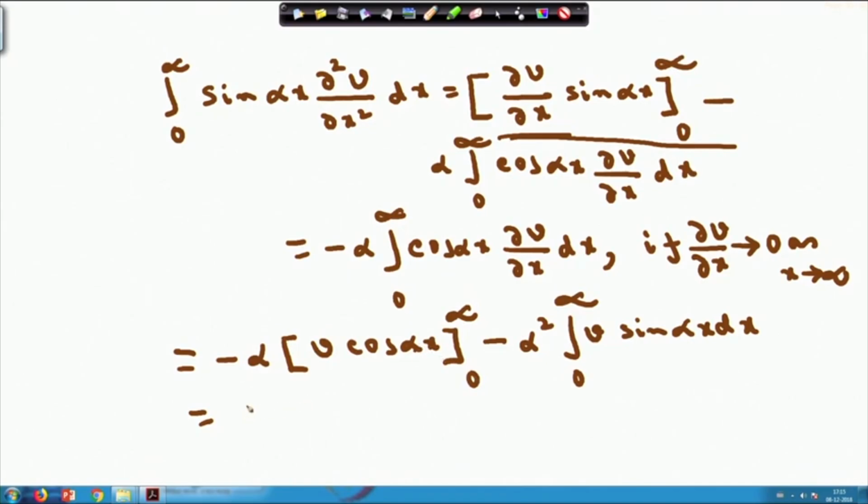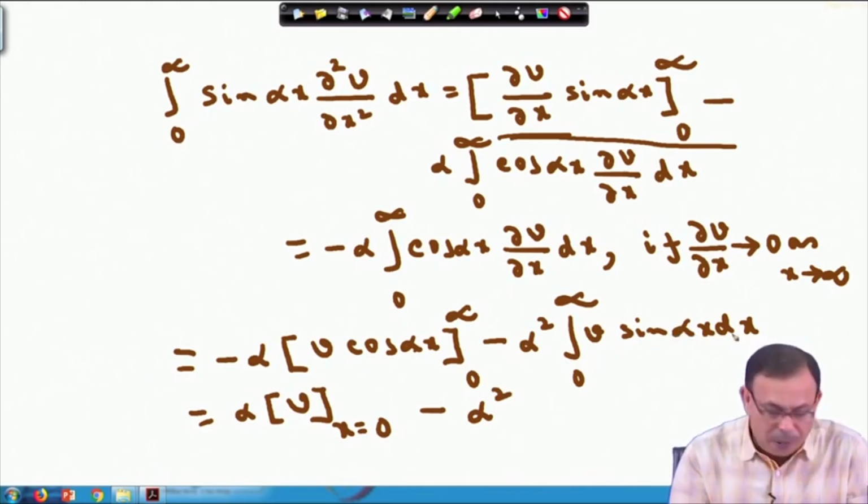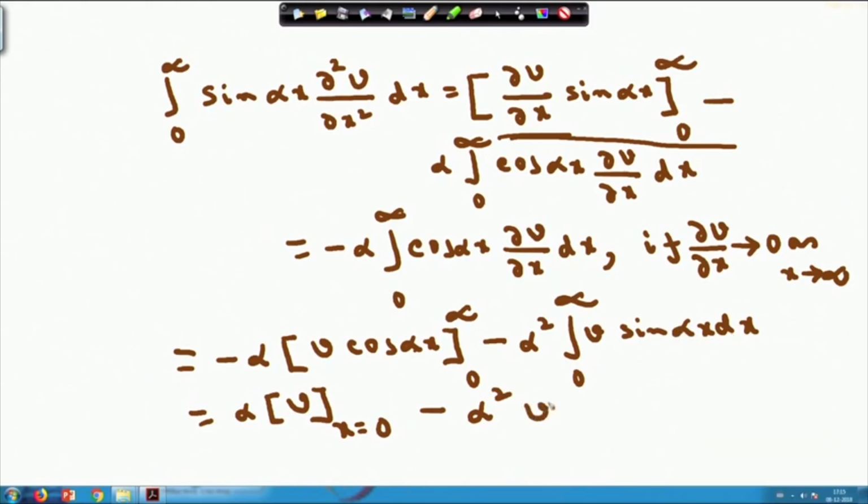So, this I can write down, this will be plus, for the lower limit, alpha into the value of v at x equals 0, minus alpha square into, this is nothing but the Laplace transform of the Fourier sine transform of v, 0 to infinity v sin alpha x dx. So, this will be alpha square into v bar s.